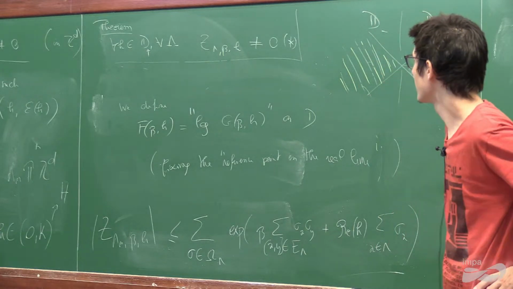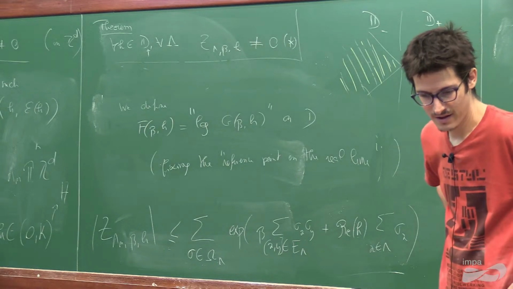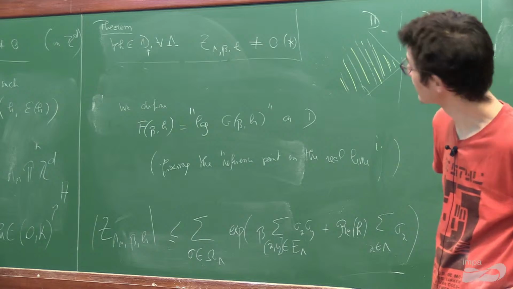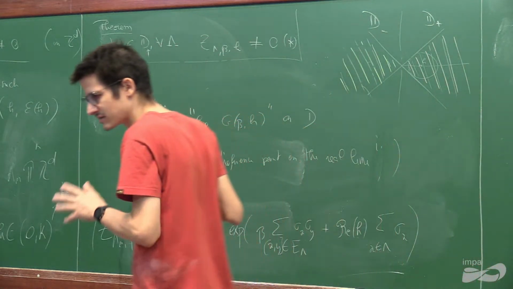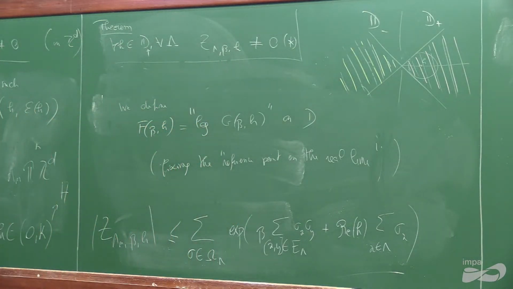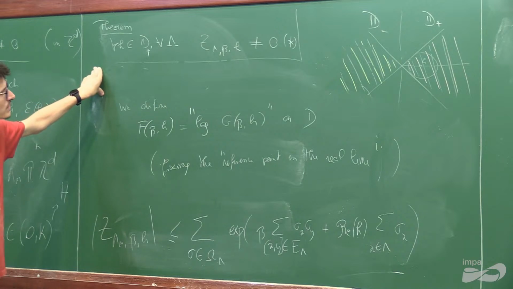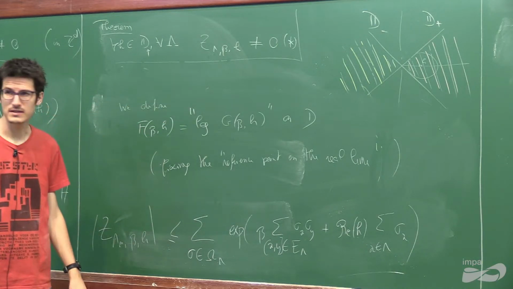So in general, inequalities are easier to prove than anything else. So the idea is to put oneself in a framework where quantities are real valued. So what we are going to show is that the modulus of Z does not cancel.